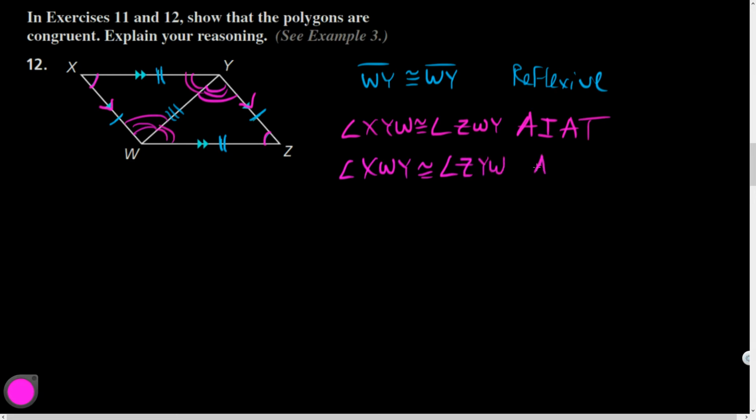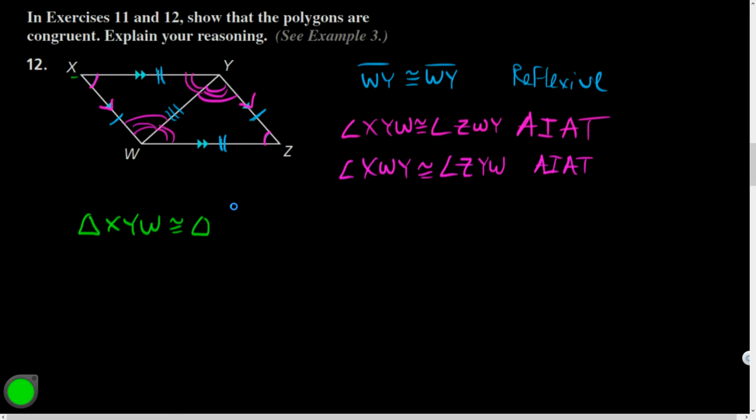So alternate interior angles theorem. I've just shown all of the corresponding parts. All three sides, all three angles are congruent. Now I can finally say the following: triangle X, Y, W. I could have picked any of the 6 combinations of those 3 letters, but now that I've made a choice, I have to match it up in the correct order for the other one.